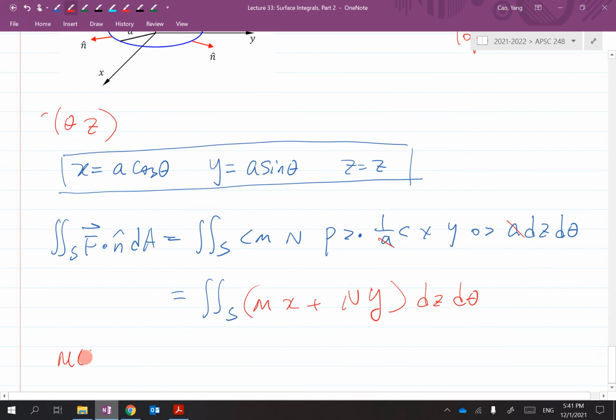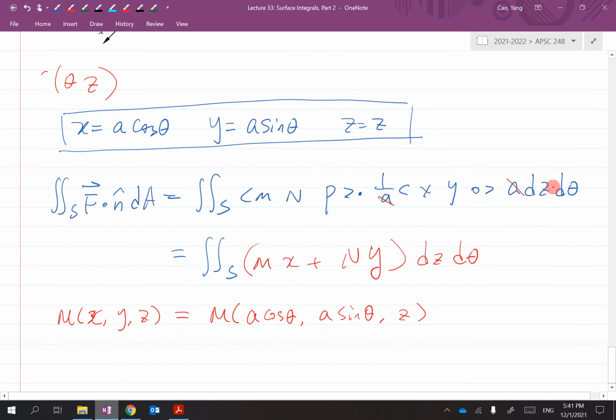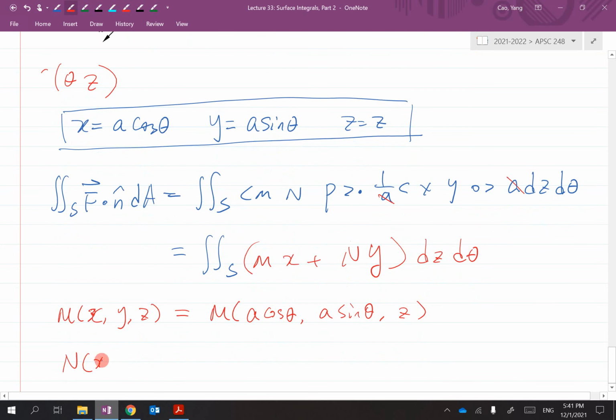So for all the x, y, and m, n, m probably is a function of x, y, z. You've got to replace the x with a times cosine theta, y with a sine theta, and z you keep as z. And same thing for the function n.